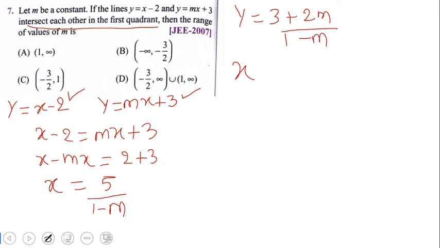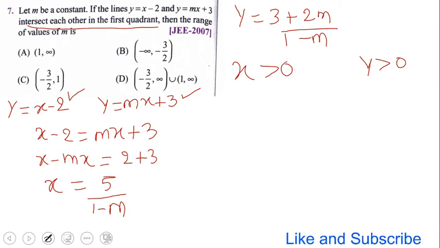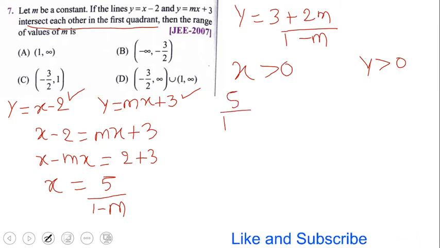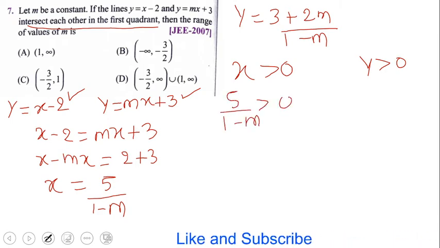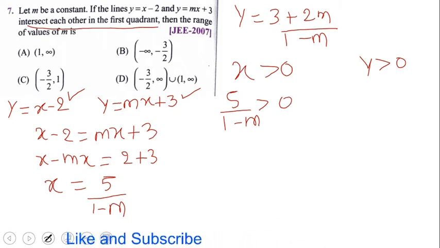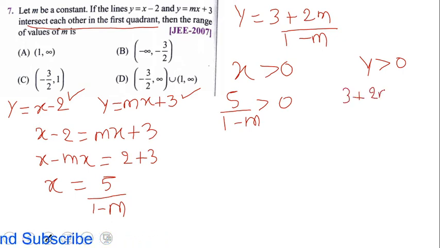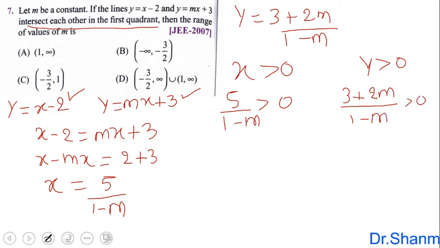In the first quadrant, x is greater than 0 and y is greater than 0. So x value, 5 divided by 1 minus m, is greater than 0. Here we are not going to get a solution for m. Whereas y, 3 plus 2m divided by 1 minus m, is greater than 0.